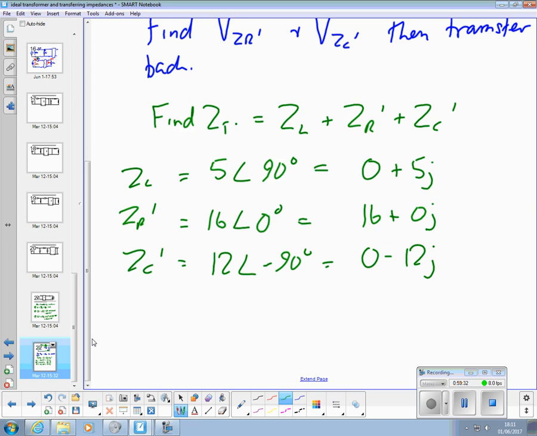On the first one, we've got just an inductor, so there's 5 up, none across either way. So it must be just 5j. Because of the pure inductance, 90 degrees is straight up, so there's only an imaginary part, no real part. And then we've got a capacitance that is 12 downwards, only an imaginary part, minus 12j. So when there's only inductance or only capacitance, it's easy.